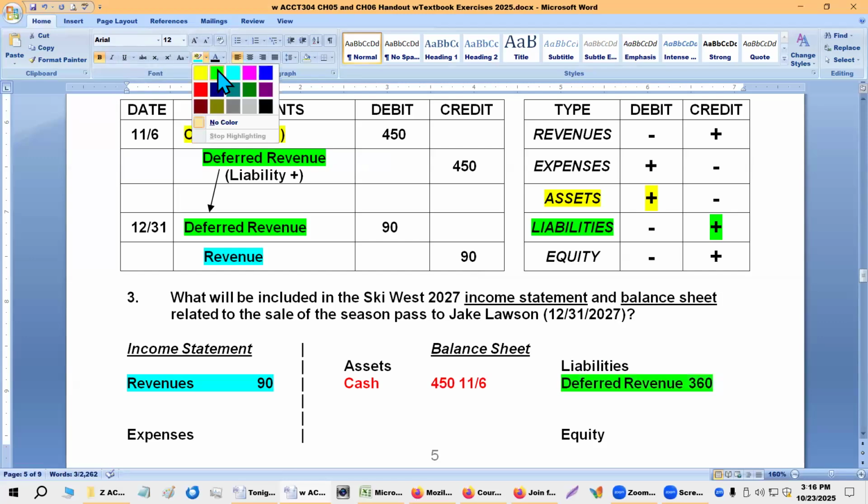And green. And let me put the calcs in that. Yeah, it makes it more confusing.